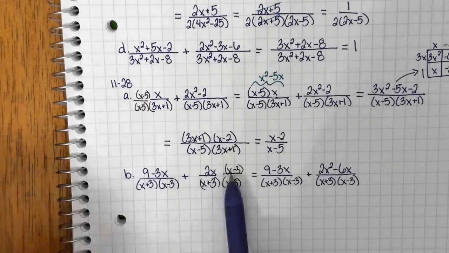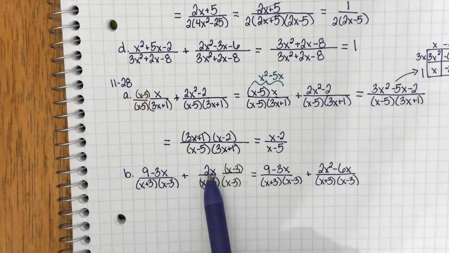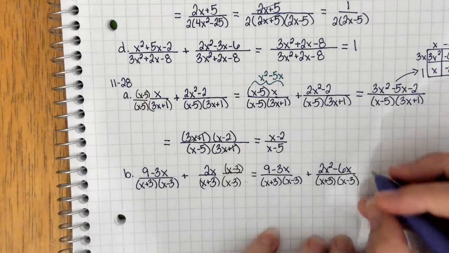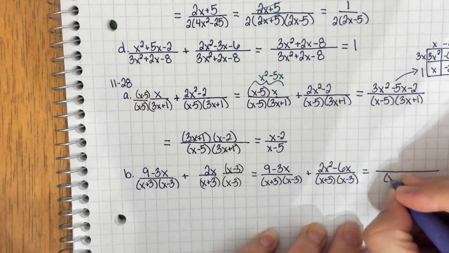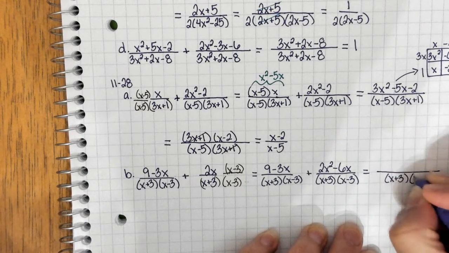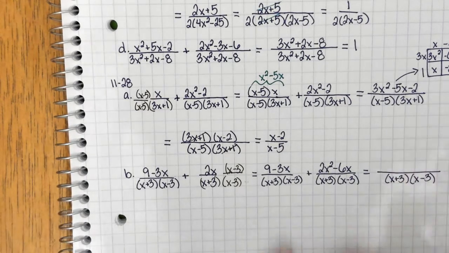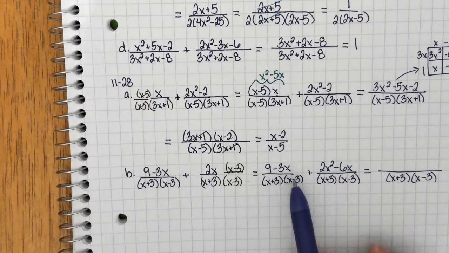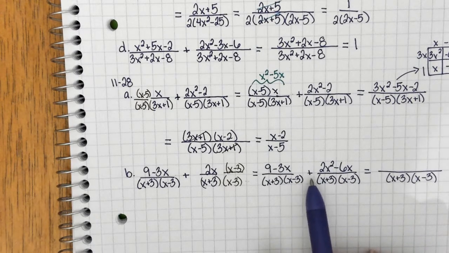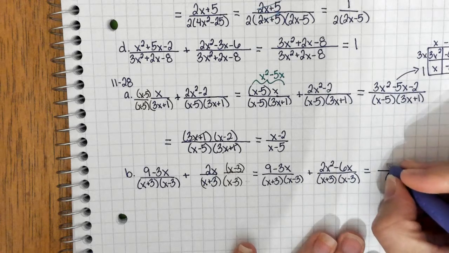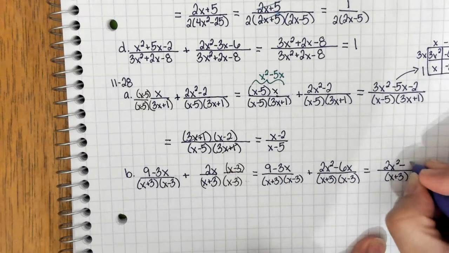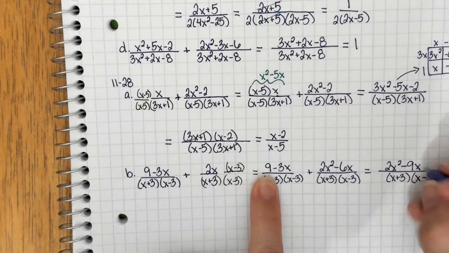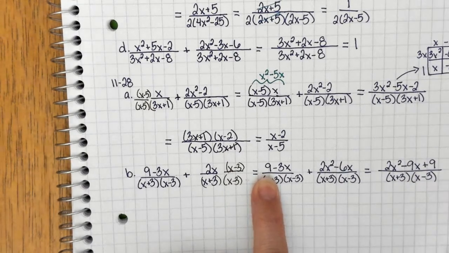So I went ahead and distributed that numerator, the 2x and the x minus 3. So now I have x plus 3 and x minus 3 in my denominator still. This is addition, so I don't have to worry about any distributing negatives or anything. 2x squared, negative 3x and negative 6x, so we get minus 9x, and then I had a 9 in front, which makes that plus 9.